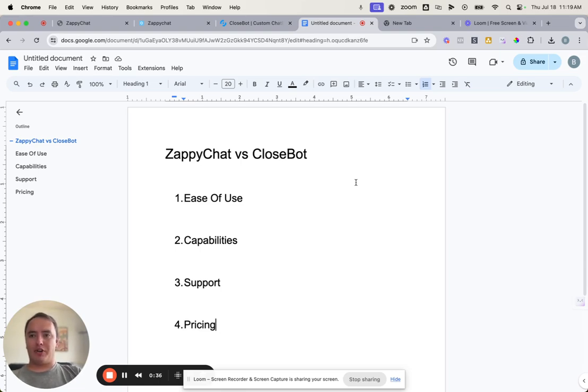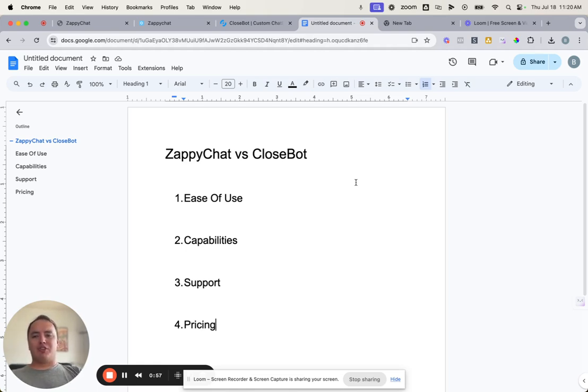I found one or two out there, and I ended up buying them both just because I'm one of those guys who likes to overanalyze everything. So I just figured I'd put this out there for anyone who's like me, who's going to overanalyze everything and just wants to have the best informed decision.